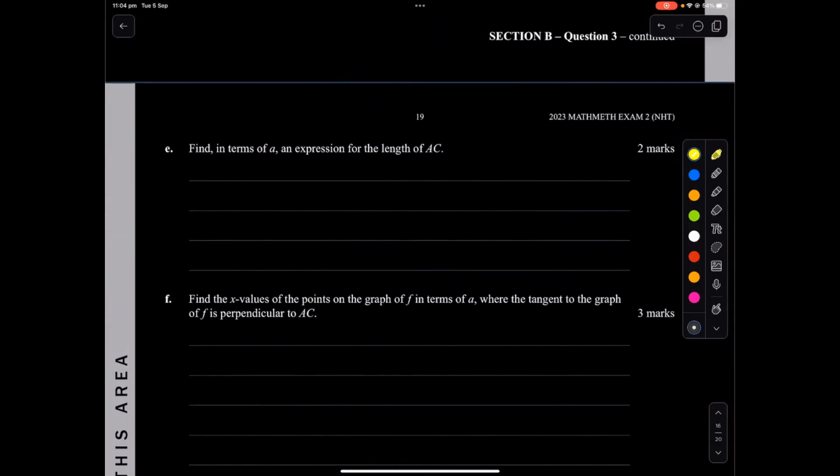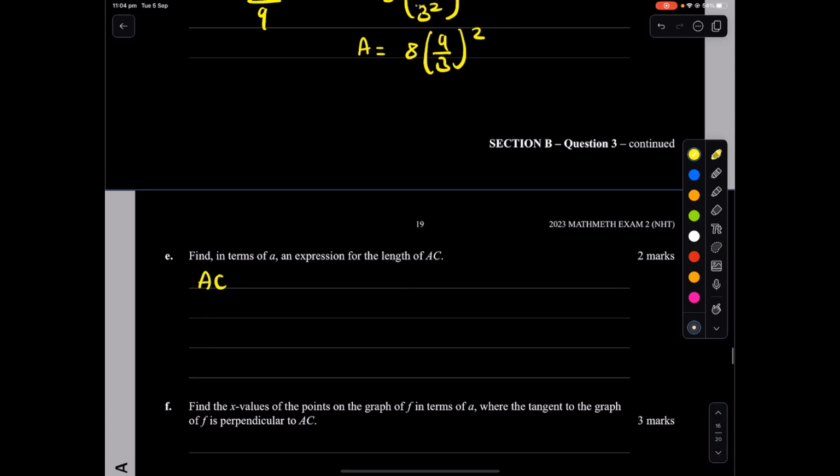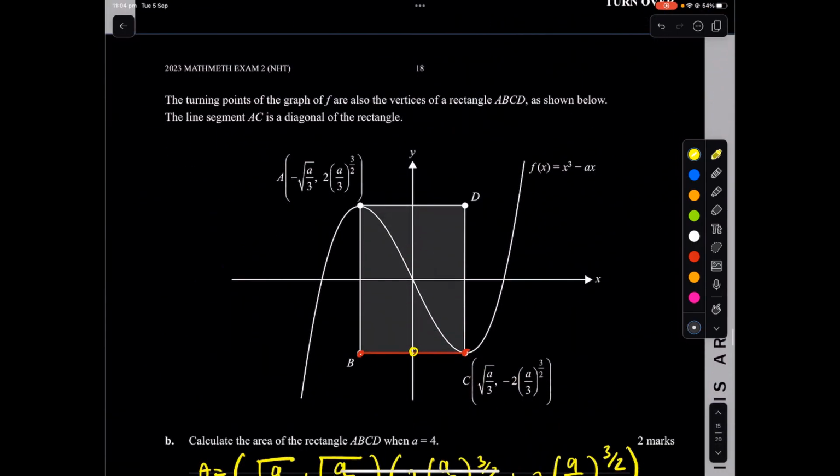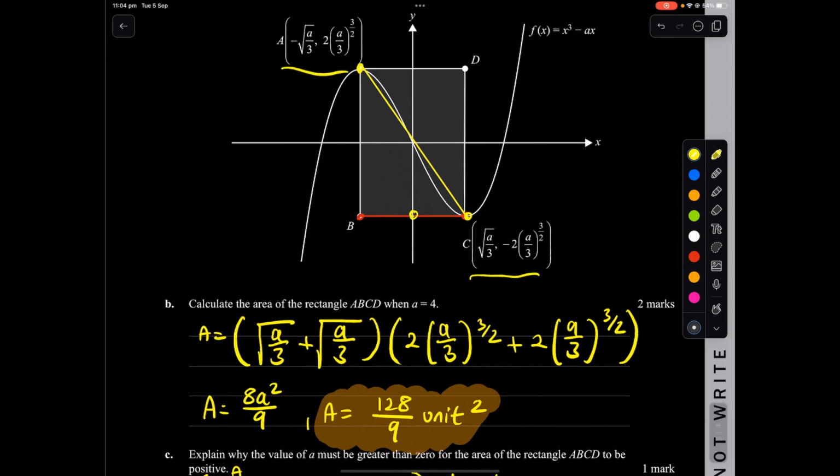Find in terms of a an expression for the length AC. So we want to find that length. A is here and C is this point over here, and we already know the coordinates, so that makes our life easier.